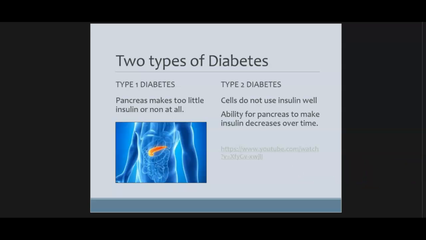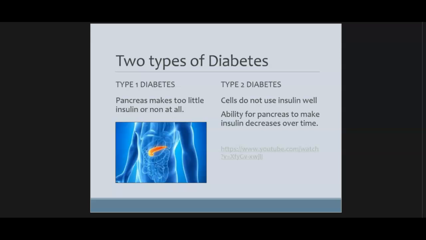So type 1 is an autoimmune disease, and it typically comes on really early in life and is defined by, like we said, a lack of insulin or too little insulin produced by the pancreas. Patients with type 1 diabetes are basically defined as insulin dependent.